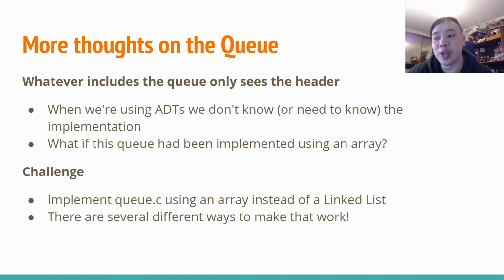But could you implement Q.C using an array instead of a linked list? Because you definitely can. There's definitely a way to do that with an array, because the underlying data structure was never part of what the queue was. The queue is an abstract concept that says whatever went in first gets removed first. That's all.